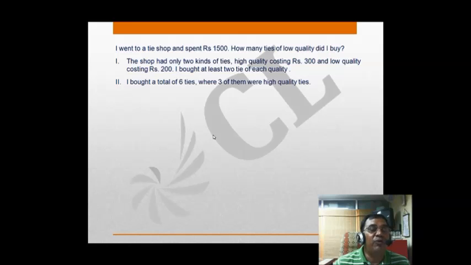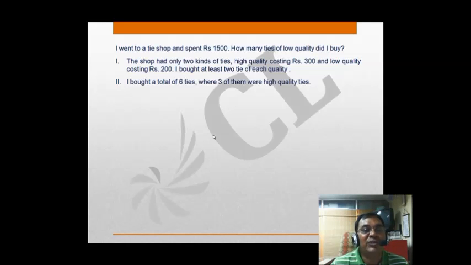I went to a tie shop and I spent rupees 1500. How many ties of low quality did I buy? The shop had two kinds of ties, high quality costing rupees 300, low quality costing rupees 200. I bought at least two ties of each quality. So basically what has happened, one set cost me 500 rupees.